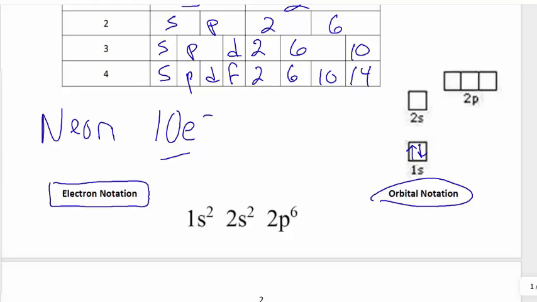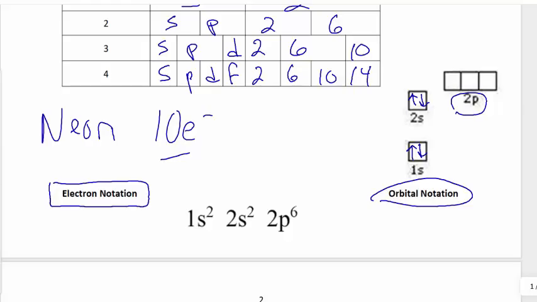And so the second energy level has an S and a P, but you can see the S is slightly lower than the P, and that's the pattern that's going to follow. The electrons will always fill the S before they go to the P. Now you can have 2 electrons in each orbital. For the 1s, there's only 1 orbital. When we get to the 2p subshell, there are 3 orbitals.